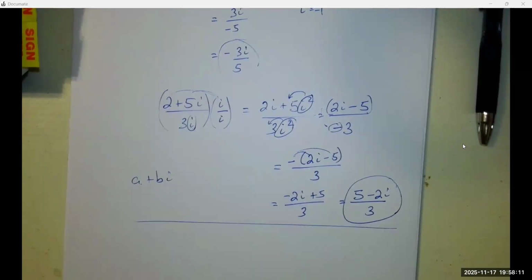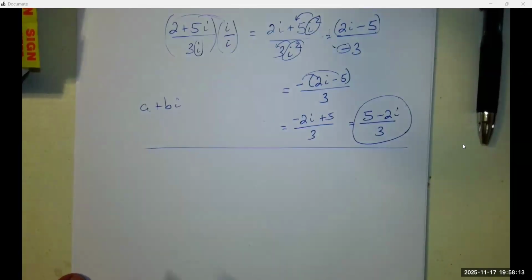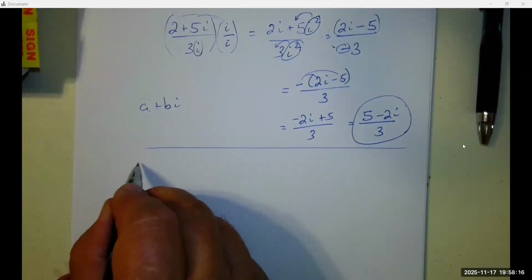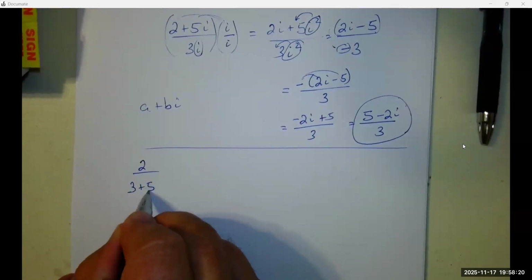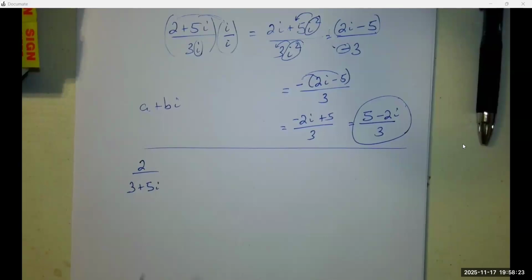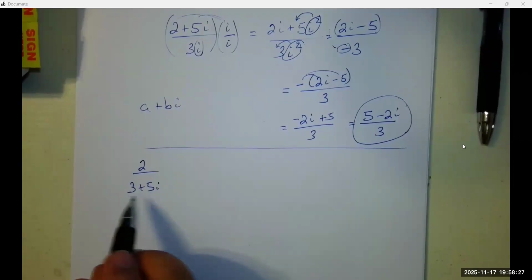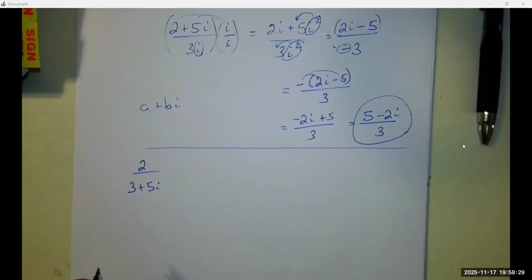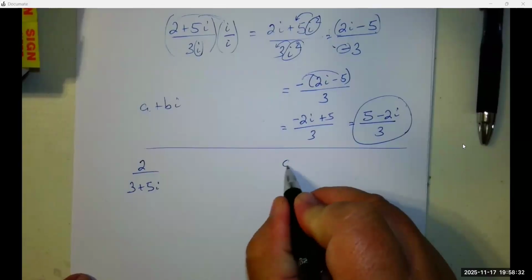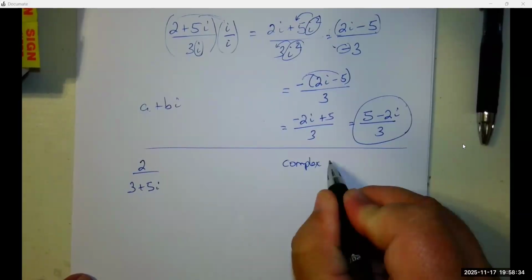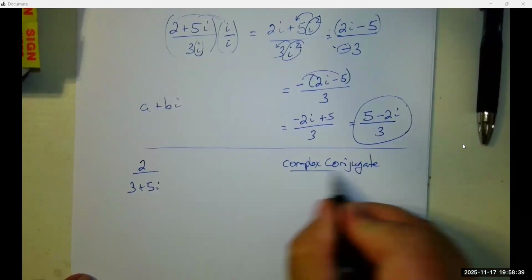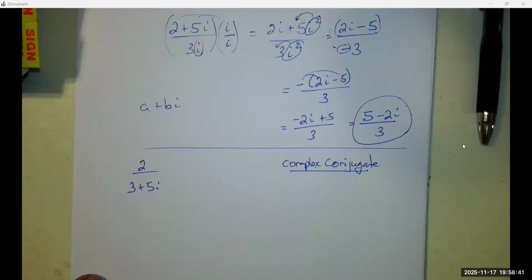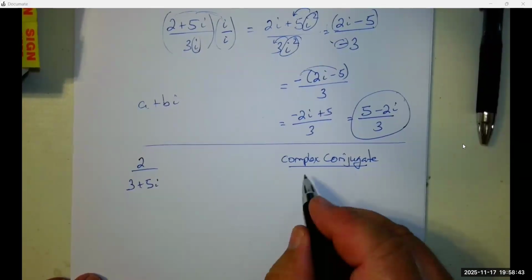Now, the problem comes whenever we have a binomial on the bottom, when you have two terms. Whenever you want to get rid of the i, when it has two terms, we have to multiply by what's called the complex conjugate. The complex conjugate is simply this.